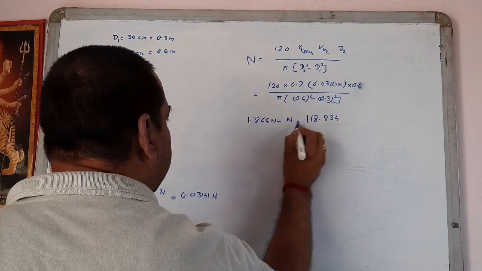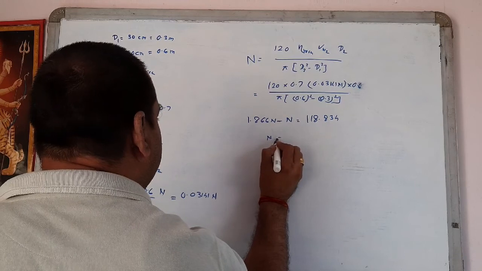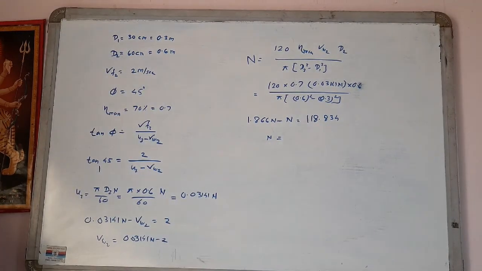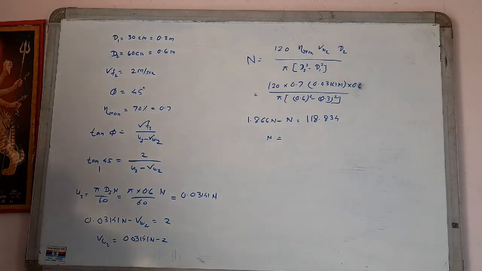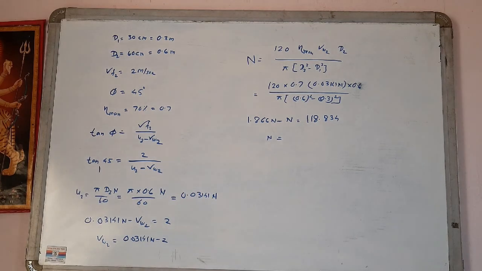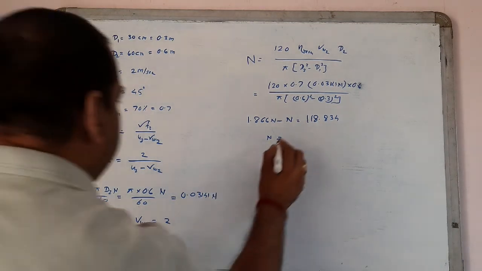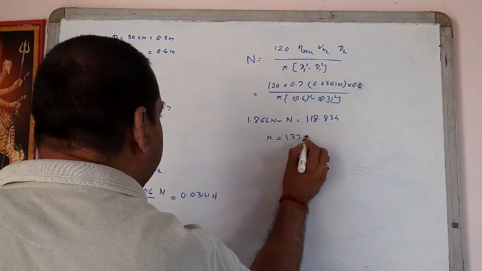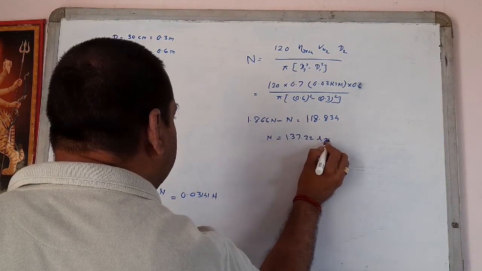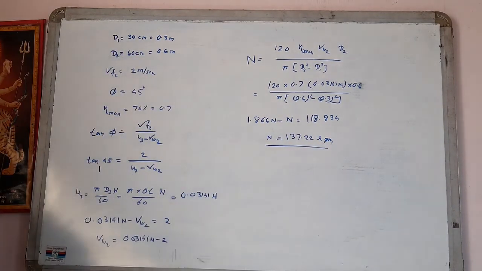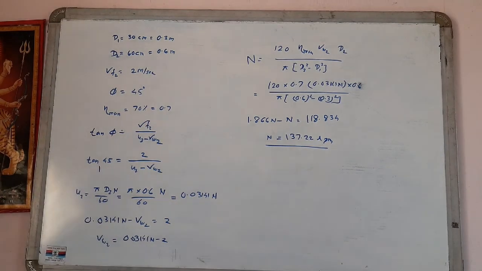So the value of n here is 137.22 RPM. 137.22 RPM is the value of n.